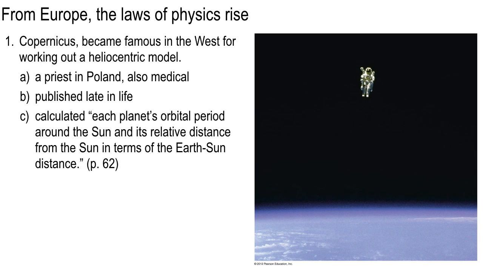And what he did was he calculated each planet's orbital period around the sun and its relative distance from the sun in terms of the Earth-Sun distance. Now, the Earth-Sun distance, that's from page 62 in the textbook. So there's your page reference. I think it's chapter 2.